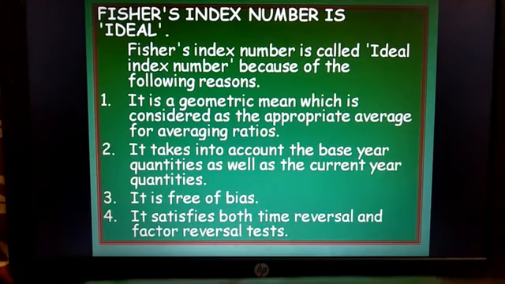So all these supportive points make Fisher's index number an ideal index number. So once a 2 marks question has been asked on why Fisher's index number is ideal, we expect these 4 points to be written. If by chance the second and third points are clubbed because they mean the same, then at least 3 points we expect as your answer.